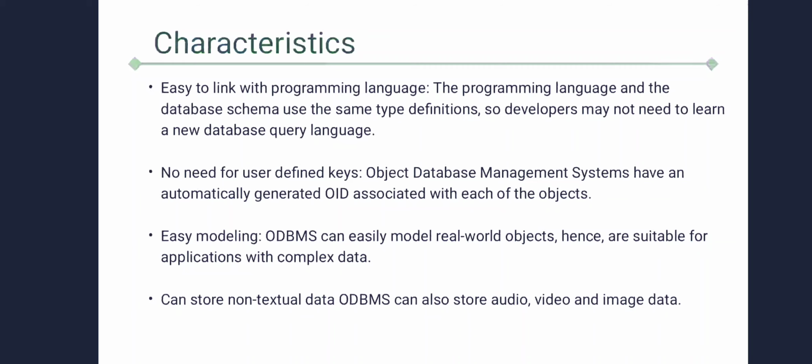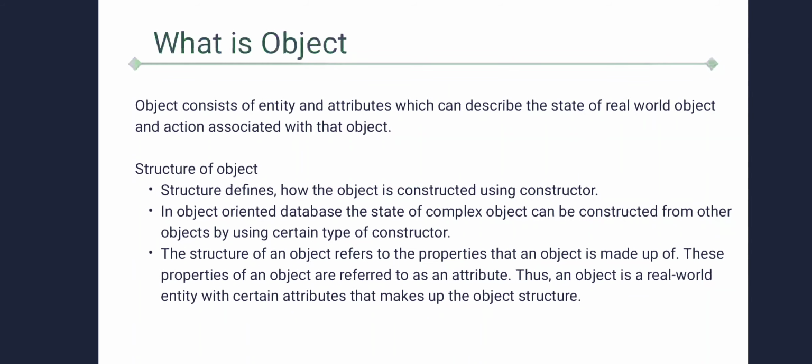So which are the four characteristics? Easy to link with programming language, no need for user-defined keys, easy modeling, and can store non-textual data. What is an object? An object consists of entities and attributes which can describe the state of a real-world object and the actions associated with that object.